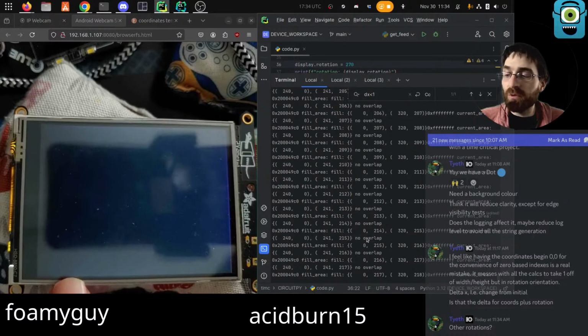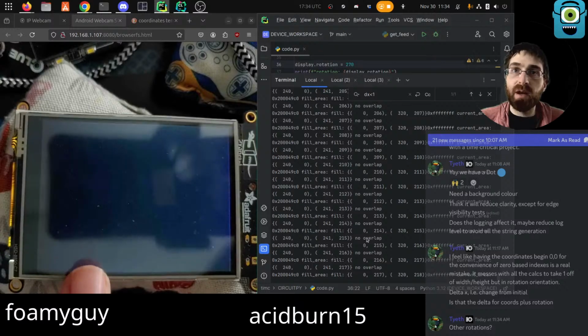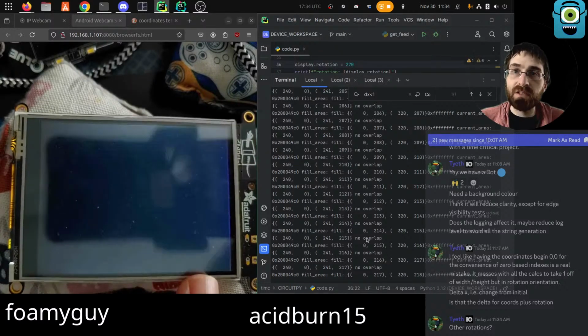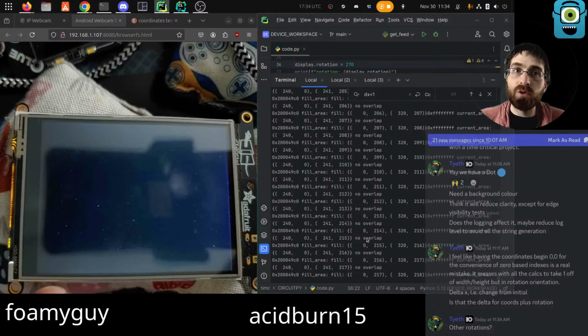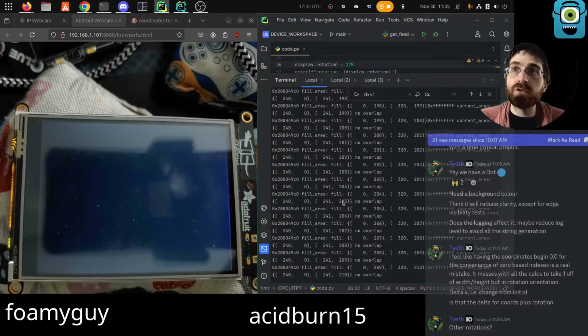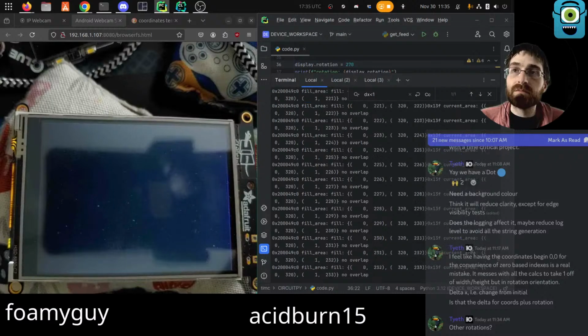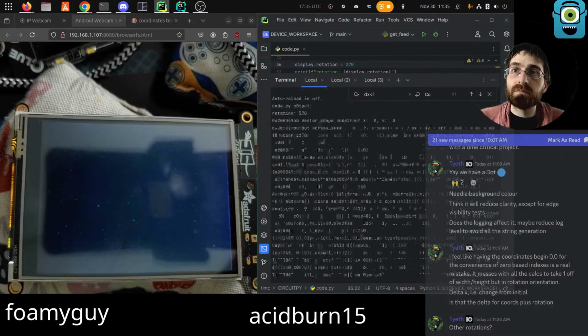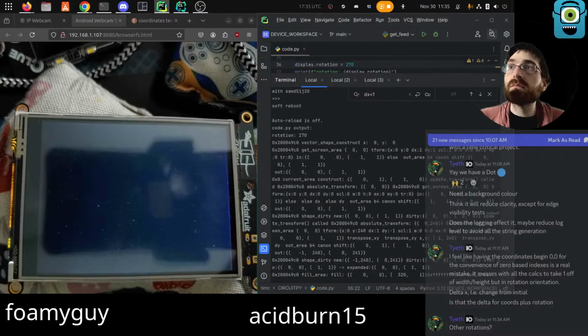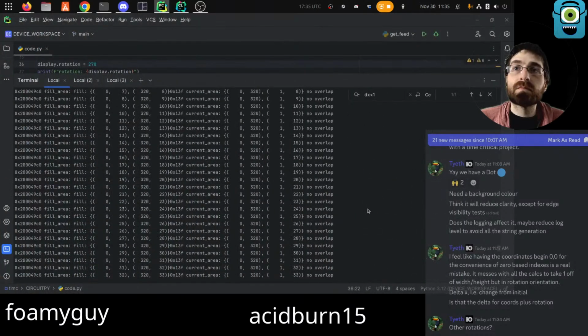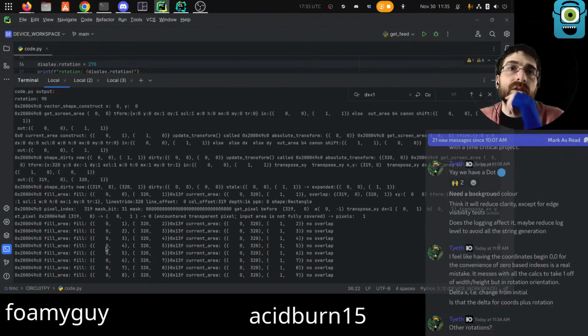We were off by 1 on the bottom edge with the rectangle one, so we're low. We're outside. We're too far down by 1. And we did get a fill area fill, but it's wrong.